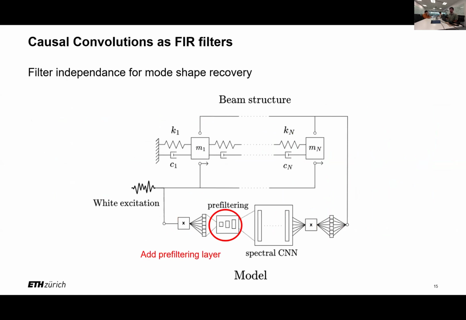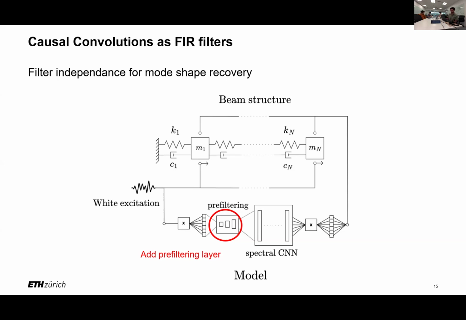I just mentioned that there was a semblance of single mode decomposition. So I tried to force this decomposition by adding a pre-filtering layer. We know that short kernels can become low and high pass filters. So we add a few filters in the beginning that are short kernels, and we hope that they will specialize different bandwidths for different filters that have long kernels.